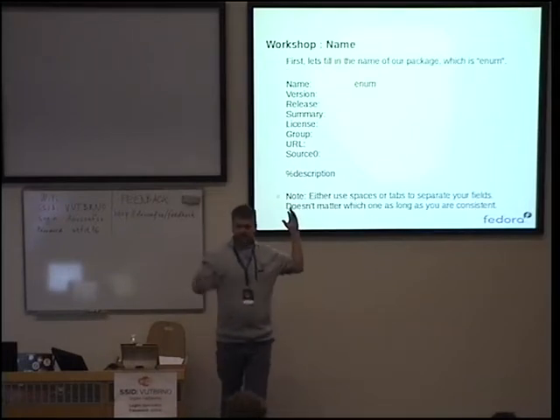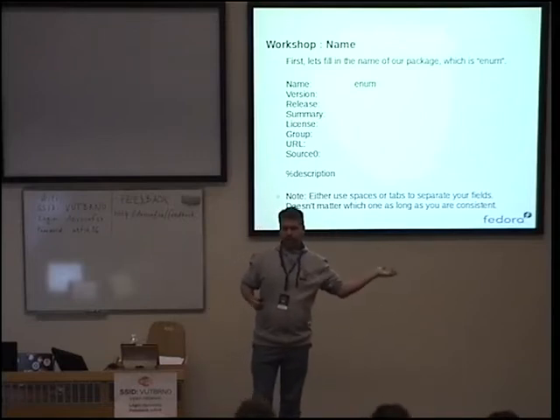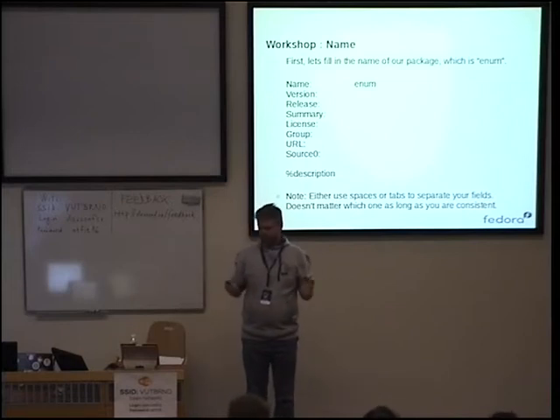Okay, first is the name. So we are creating a package for the enum software, so we will put there the enum name. Again, for various software, there are guidelines on how to name it.